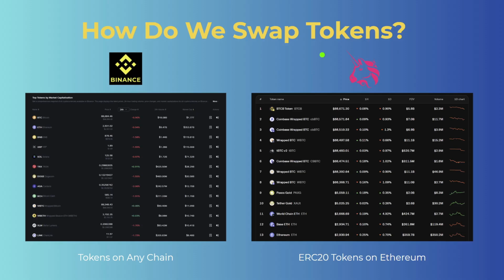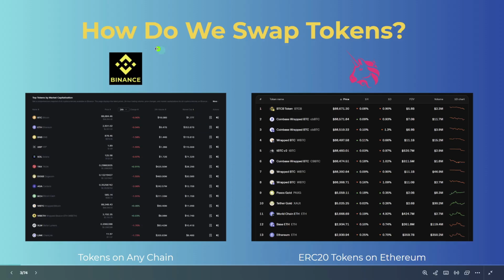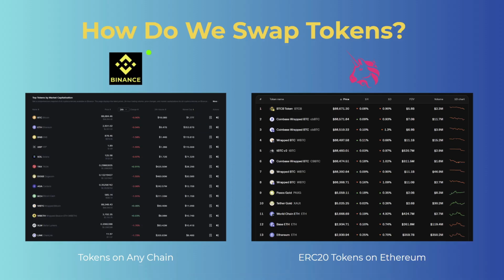So, for example, it is not possible to make a swap between Bitcoin and Ethereum on Uniswap, but you can only swap a token that is present on Ethereum, and it must be an ERC20. While on Binance, a CEX, you can swap, for example, BTC for Ethereum, for BNB, for Solana, whatever.